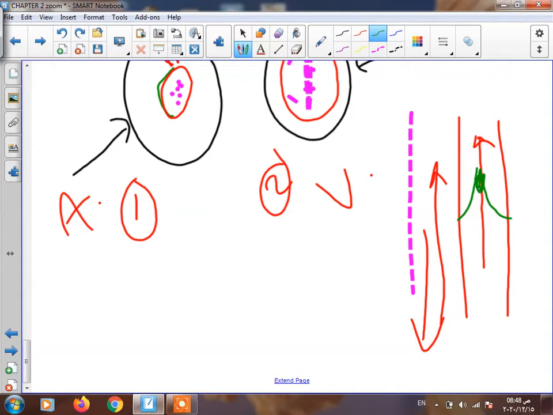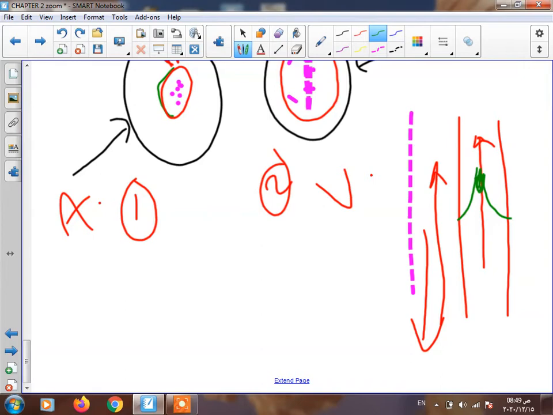Okay? So if I ask you how the blood returns back to the heart against gravity, it is due to the presence of valves. If I ask you what structure is found in the vein to not allow backflow of blood, meaning moving down again, of course it is the valve found along the vein.